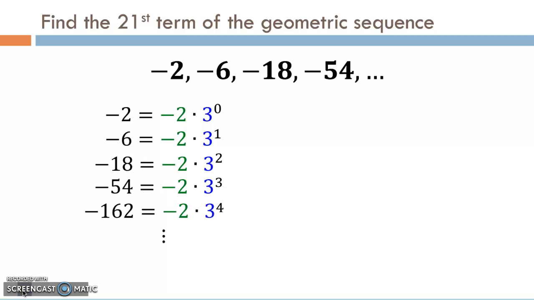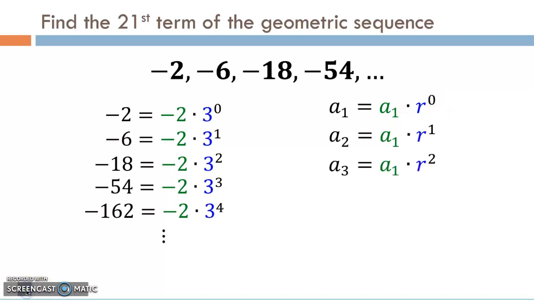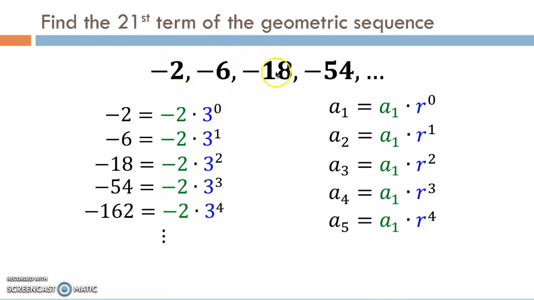Algebraically, this looks like this. Our first term is equal to our first term times our ratio to the 0 power. Our second term is equal to our first term times our ratio to the first power, etc. Because we multiply by r multiple times to get to our next term.